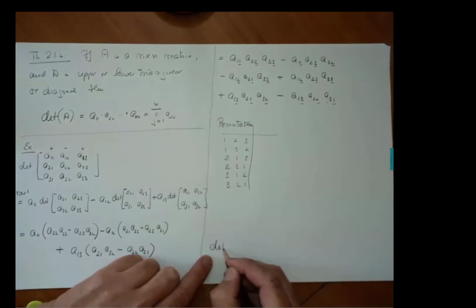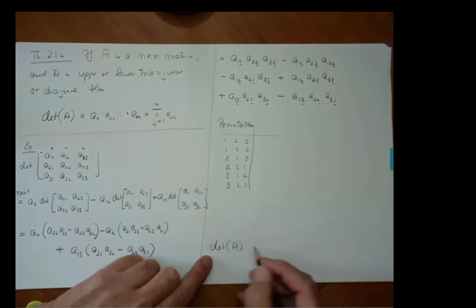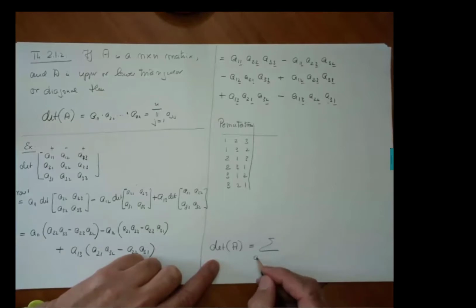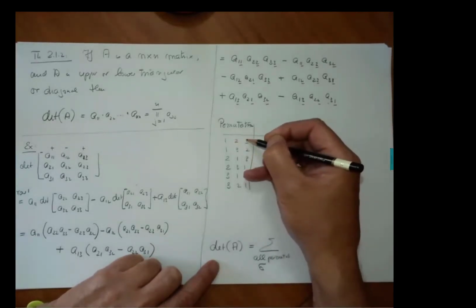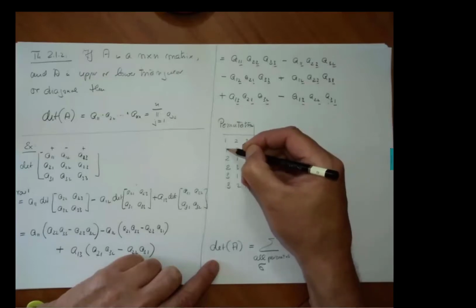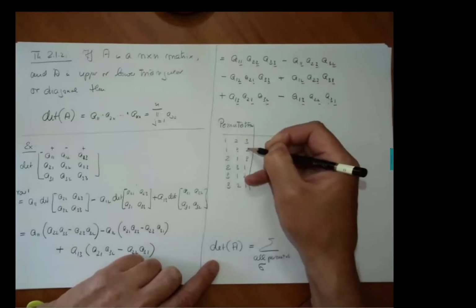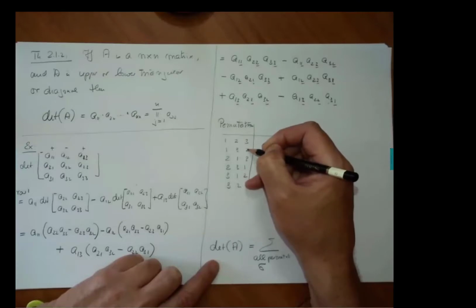So it turns out a determinant of A is the sum over all permutations, and I call the permutation sigma. So this means sigma of 1 is 1, sigma of 2 is 2, sigma of 3 is 3. Sigma of 1 is 1, sigma of 2 is 3, sigma of 3 is 2.